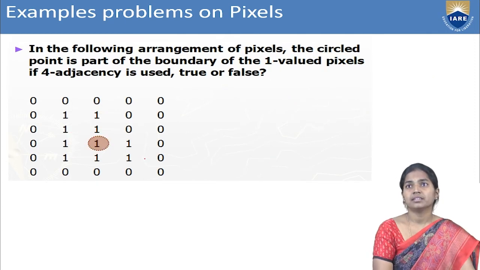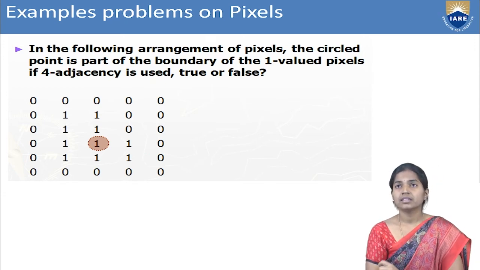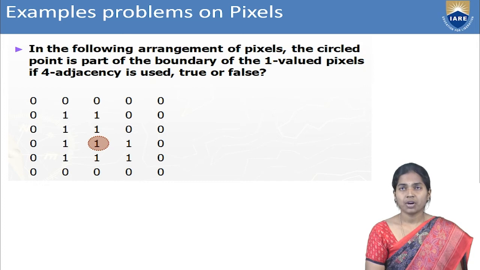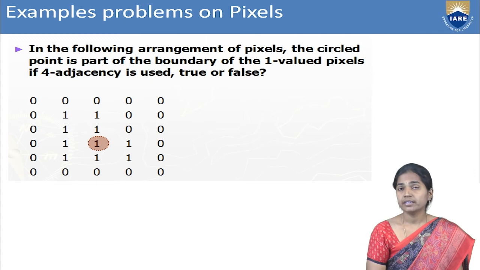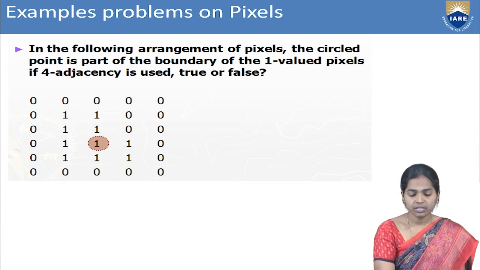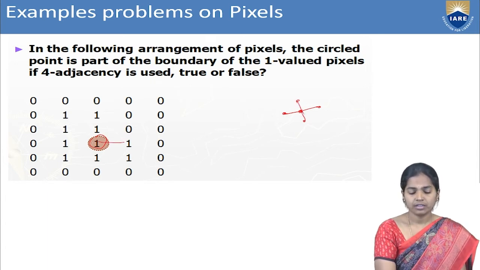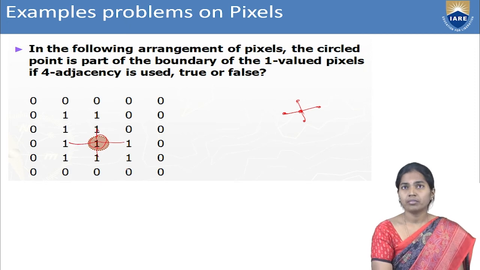In the following arrangement of pixels, the circled point is part of the boundary of the one valued pixels if 4 adjacency is used. True or false? When we go for 4 adjacency, we take left side, right side, top and bottom.